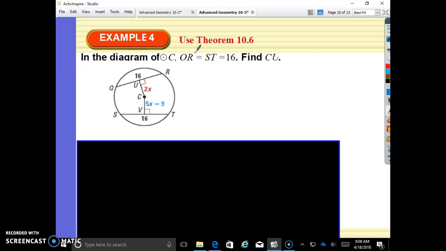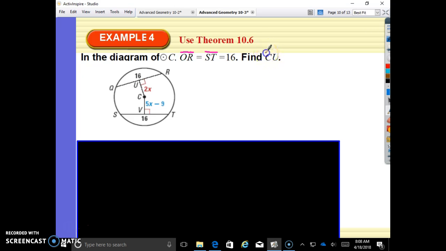I lied. They're referring to the chords. But for some reason, they left out the symbol to tell me. They really should have those little line segments: segment QR equals segment ST, which equals 16. They didn't write this properly. Okay, so we're just saying that this is 16 and this is 16.